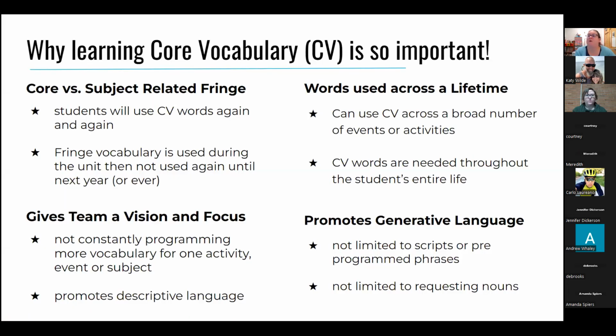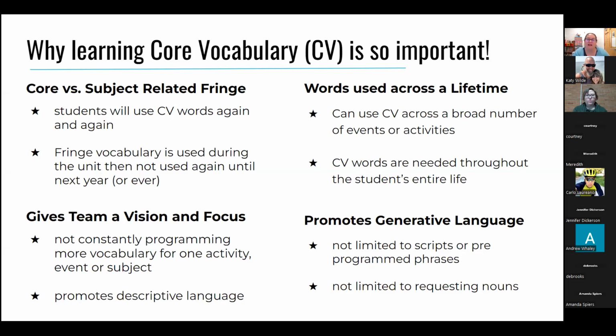All right, so we talked a little bit about those core words being abstract. They're not always what we would think of in a communication system, but they are so very important. The thing about core vocabulary is they're going to use those words their entire life.